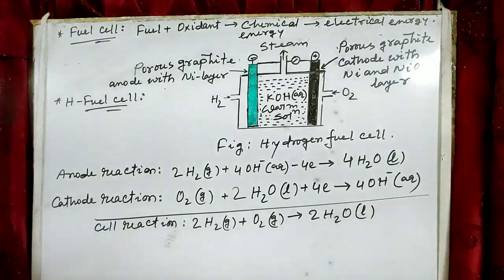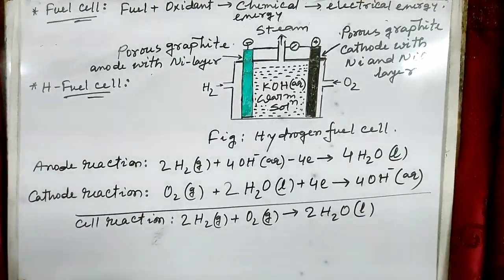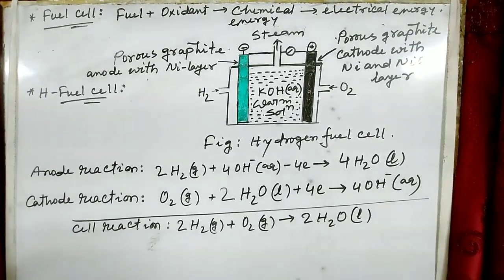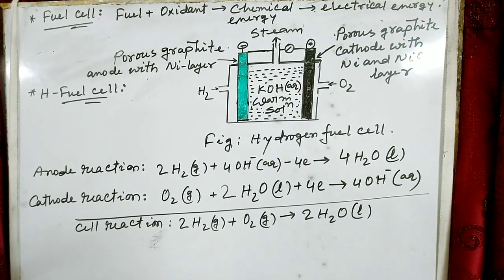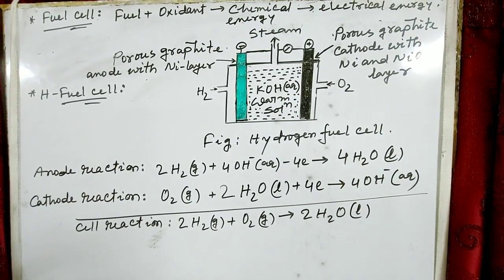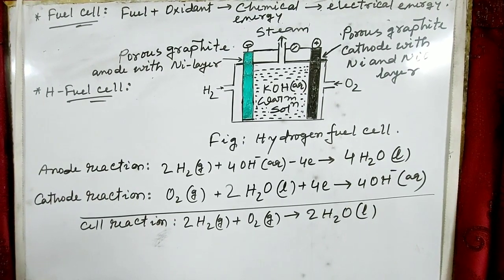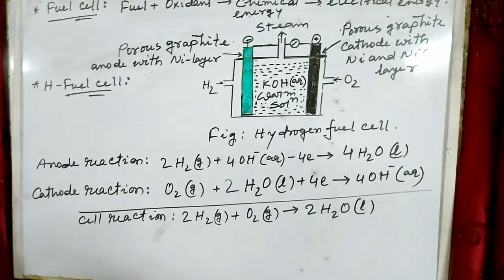Now, what will be the standard definition of a fuel cell? The cell in which chemical energy converts to electrical energy through a chemical reaction of fuel and oxygen or another oxidant is called a fuel cell.